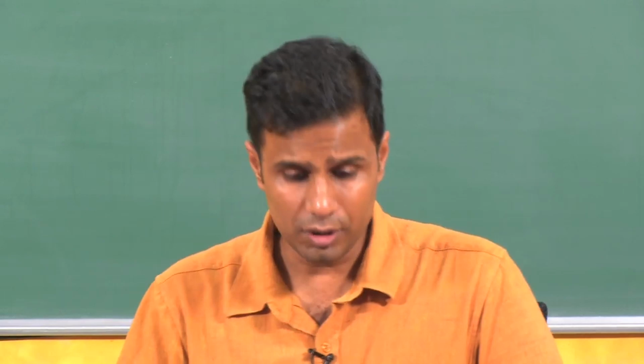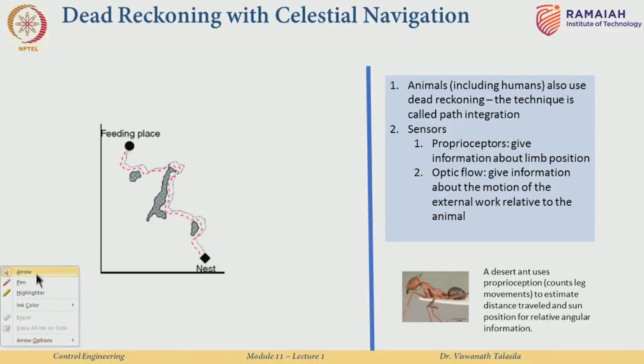And why is that not good? It is not good if you are an ant or an animal which is searching for food, right, and then it needs to come back to its house. So, let us say there is this ant over here, and by the way this is also true of autonomous vehicle navigation. So, you are over here, you look all over the place and you find some food over here.